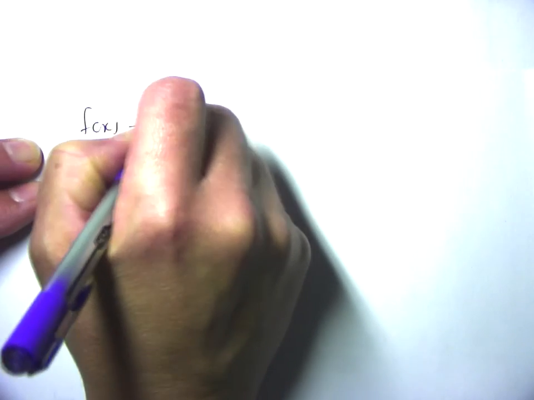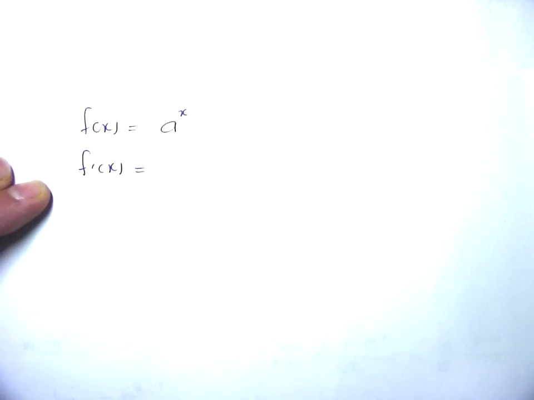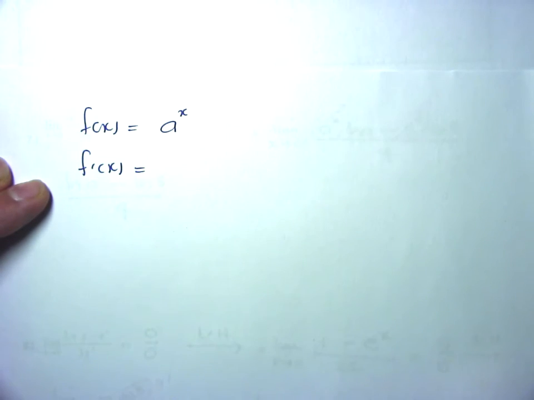We said that if we have an exponential function, f of x is equal to a raised to the power x, what is the derivative equal to? So flip back to the page where we introduced exponential differentiation.